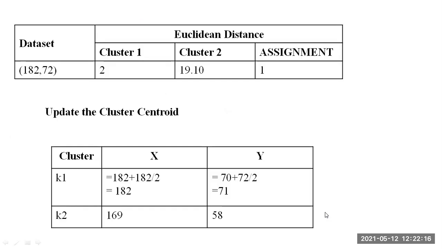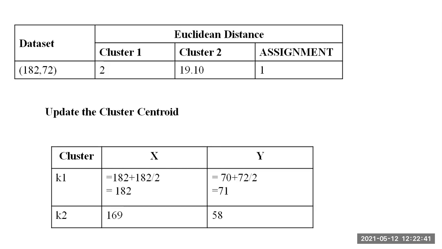If I tabulate these values, cluster 1 is equal to 2 and cluster 2 is equal to 19.10, which is a very big value. Obviously the value 2 is less than 19.10, so this point belongs to cluster 1. Again, the centroid value needs to be updated for cluster 1.